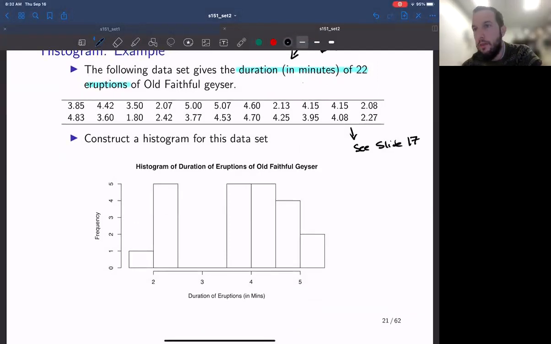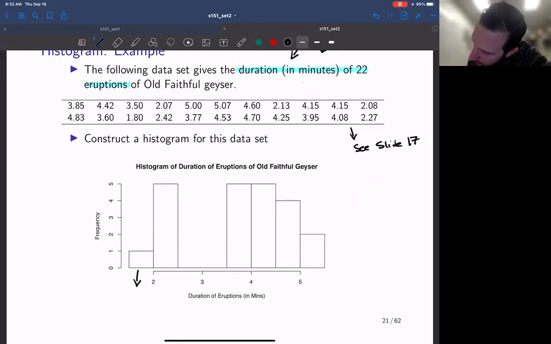So you can see that the way the histogram is constructed is we start by choosing the type of histogram that we're working with. So in this case, we're working with a frequency histogram. All right. And then what we do is we construct bars whose length matches that of the bins that we had before.